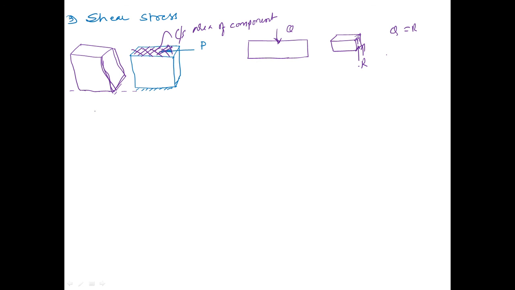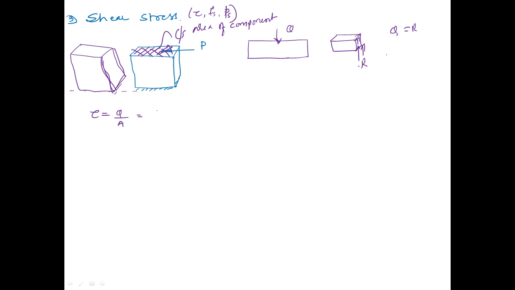Shear stress is noted with the letter tau, or sometimes it is noted with the letter Fs or small ps. Now this shear stress tau is defined as Q by A.